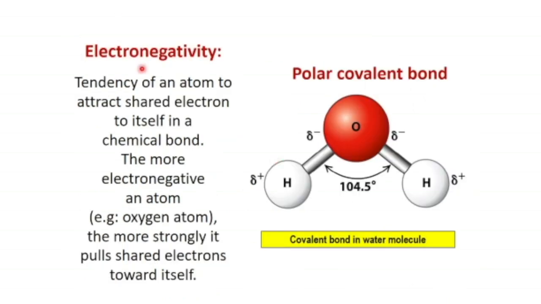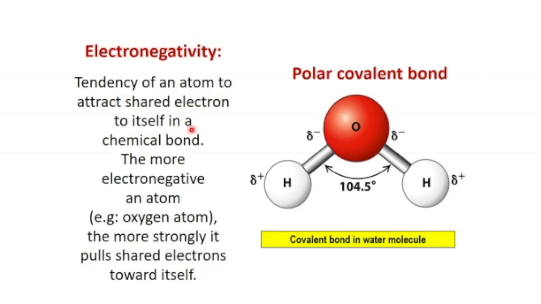Definition of electronegativity: electronegativity refers to the tendency of an atom to attract shared electrons to itself in a chemical bond. The more electronegative an atom is, the more strongly it pulls shared electrons toward itself.